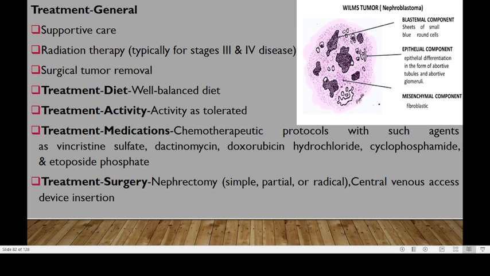In terms of medication, you can use chemotherapeutic protocols with agents such as vincristine sulfate, dactinomycin, doxorubicin hydrochloride, cyclophosphamide, and etoposide phosphate. Surgery: we could do nephrectomy, that is simple, partial, or radical, and central venous access device insertion.